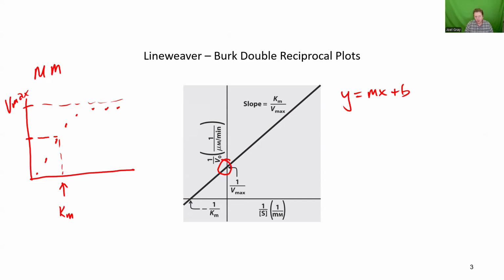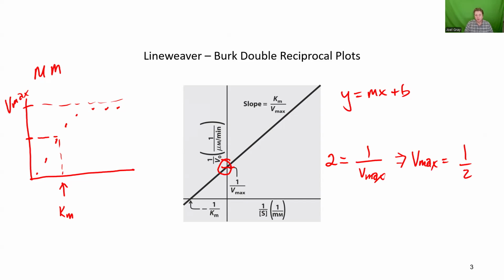So if the y-intercept here was 2, you'd say 2 equals 1 over Vmax, and then Vmax equals 1/2.